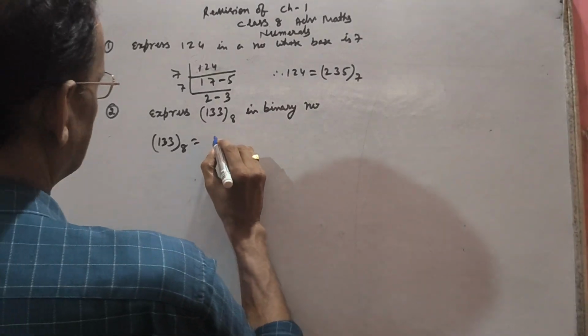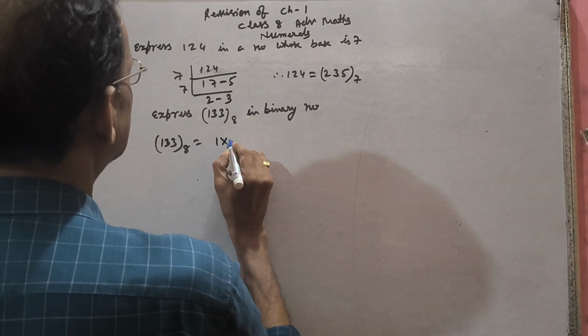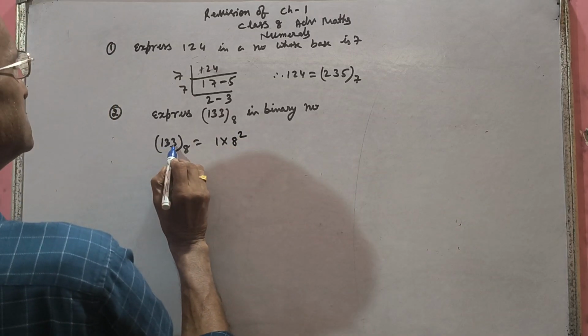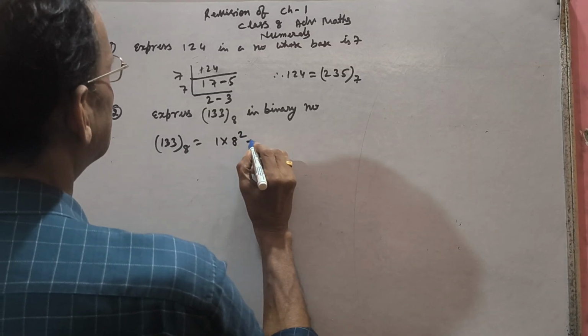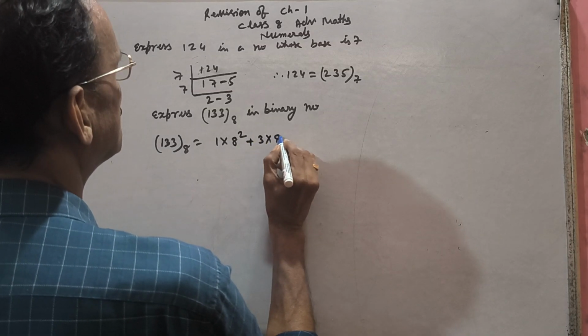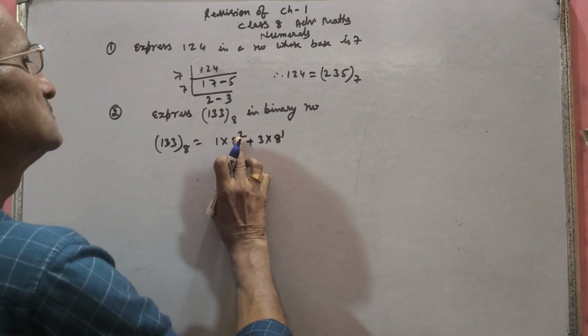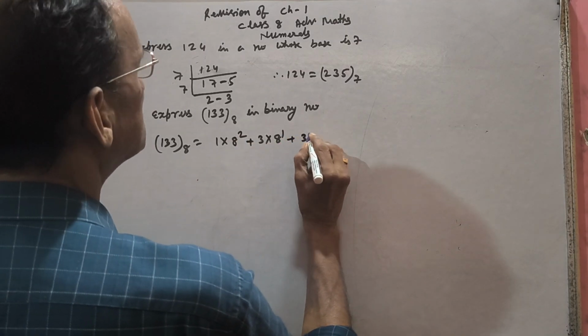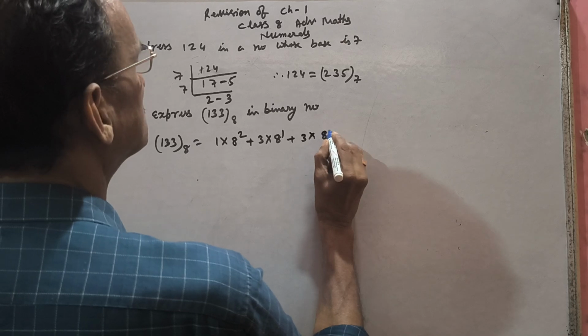So how will you do it? 1 into 8 to the power 2. The number of digits is 3, so we start with power 2. Plus 3 into 8 to the power 1, plus 3 into 8 to the power 0.